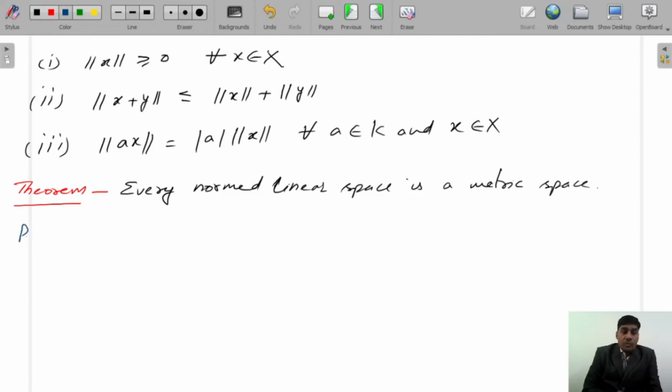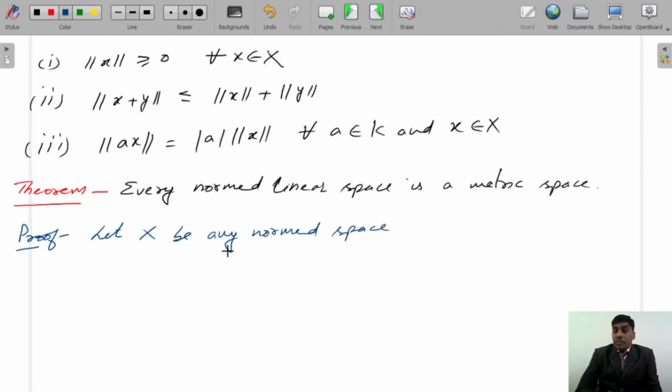Proof. Let X be any normed space, that is, X with norm function.